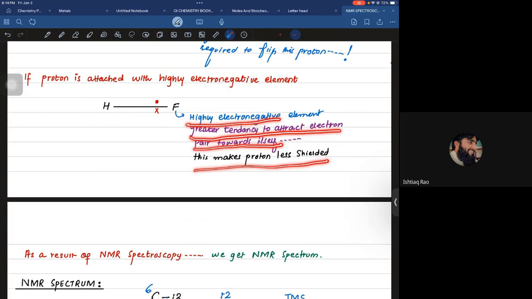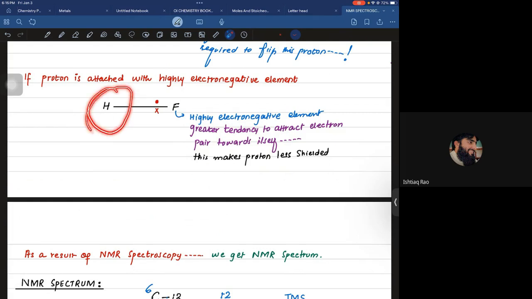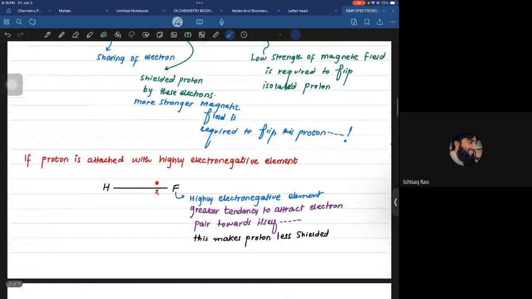So this makes the proton less shielded, so it can be flipped easily. It is less shielded because the highly electronegative element has attracted the electron pair towards itself. What is the reason? Because fluorine has the highest electronegativity.